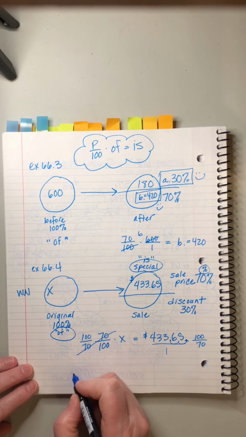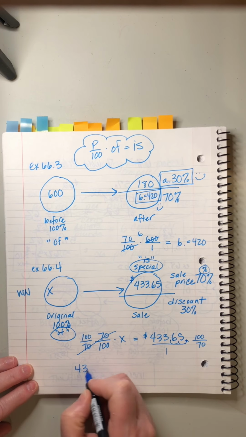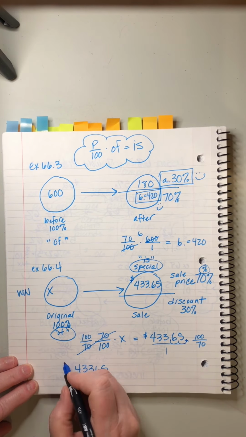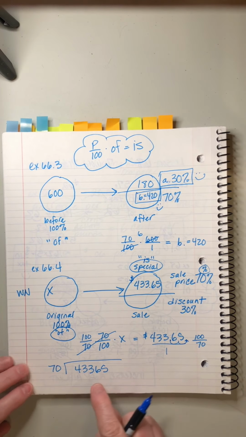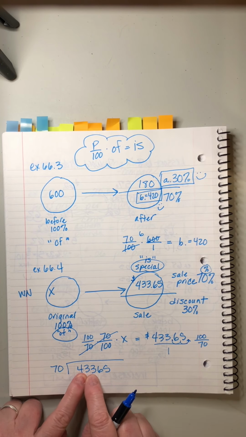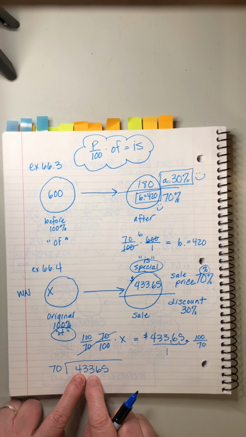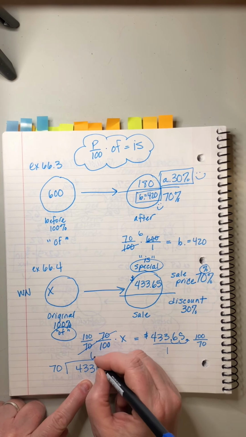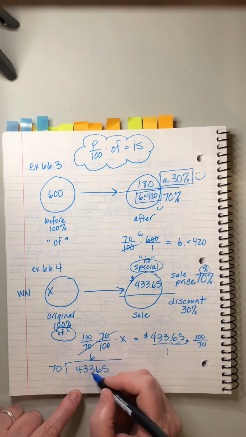So let's do that. I have 433.65, right? And we're going to divide it by 70. All right, 70 does not go into 4. 70 does not go into 43. But if I do 433, then I can think of it as 7 into 42. That's 6 times. But I want it to line up here because it's got that 0 in it.